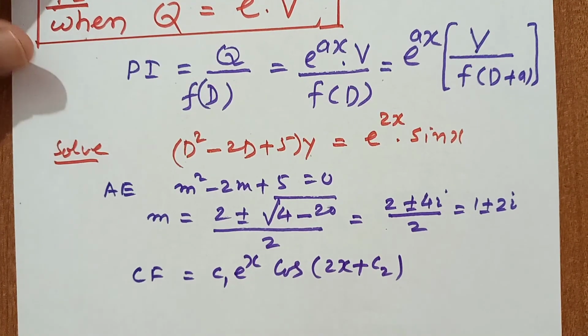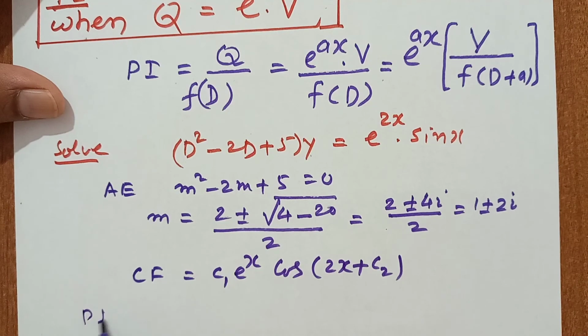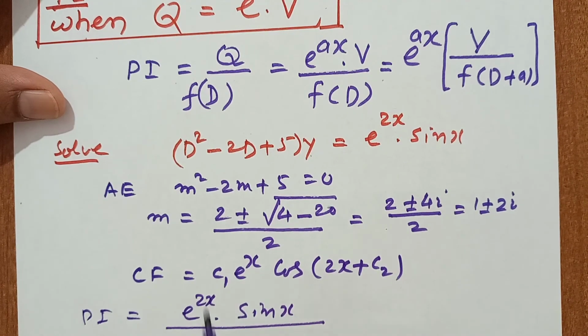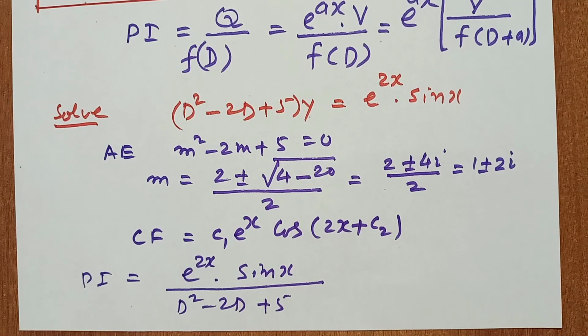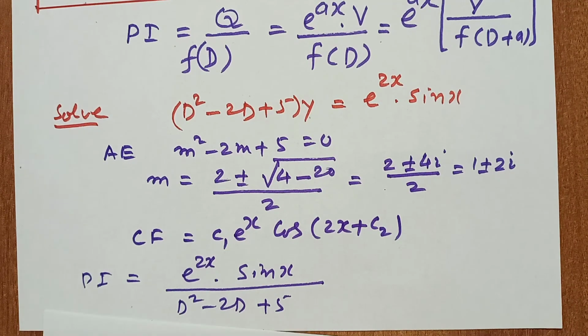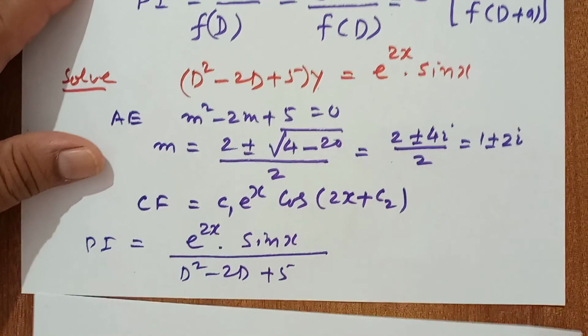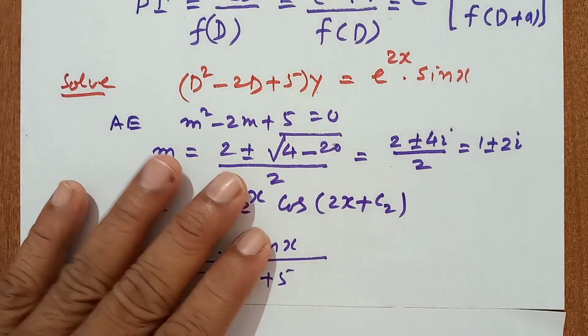Now the particular integral. So this is equal to e to the power 2x sin x upon D squared minus 2D plus 5. Okay, so now by using the formula, when the particular integral is e to the power ax into V, okay, so this is the formula.